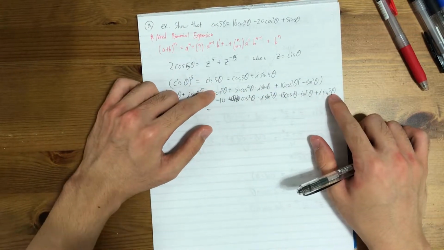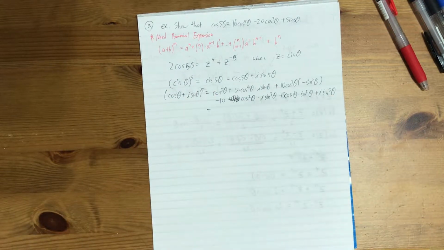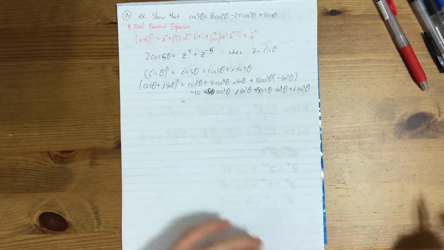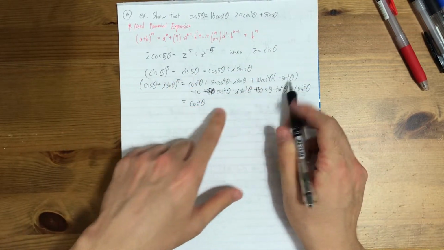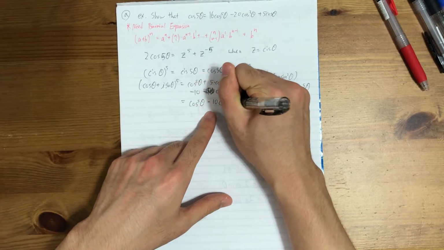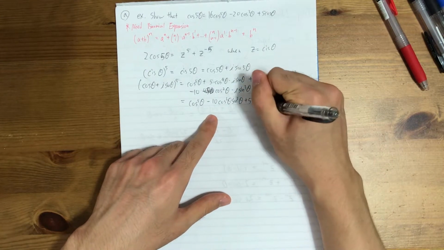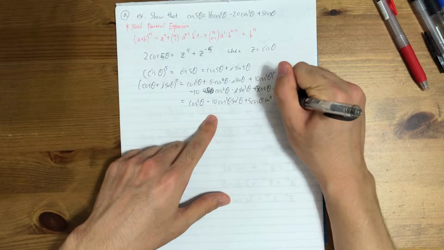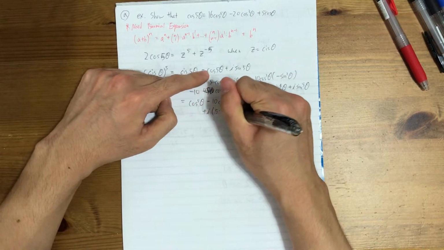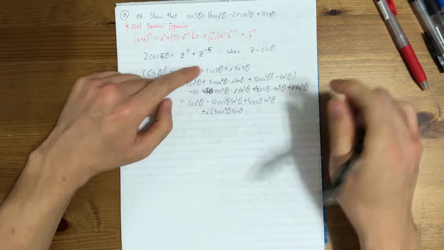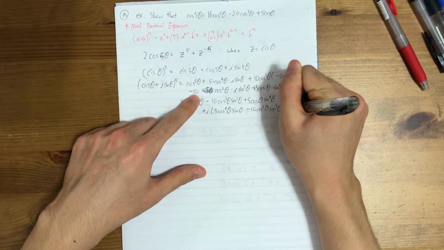So some terms are purely real and some terms are imaginary, right? So what we can do is write this in Cartesian form, real by real and imaginary by imaginary. So cosine to the 5, and this term, negative 10 cosine cube sine squared, and plus 5 cosine theta sine to the 4 would be the real terms, and the imaginary terms would be this with this, and lastly this.